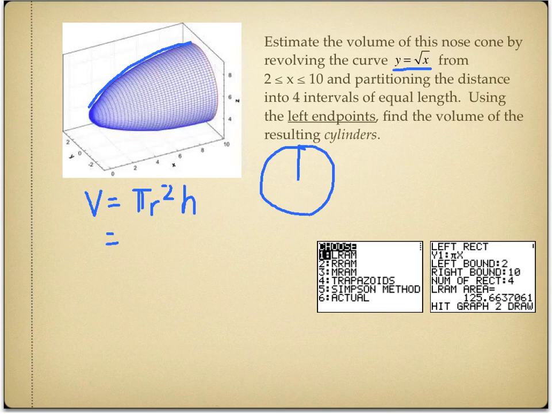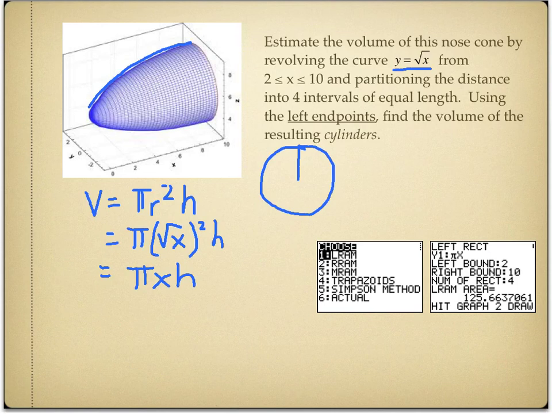It'll be getting a little bit bigger. And so I'll be able to actually put this value here, that square root of x, in place of that radius. Now it seems a little bit strange. So I'm going to put pi here. The radius is the square root of x, but I'm squaring it. And then here's height. Now the square root of x squared is just going to be x. So basically I'm going to get a little equation that looks like this.